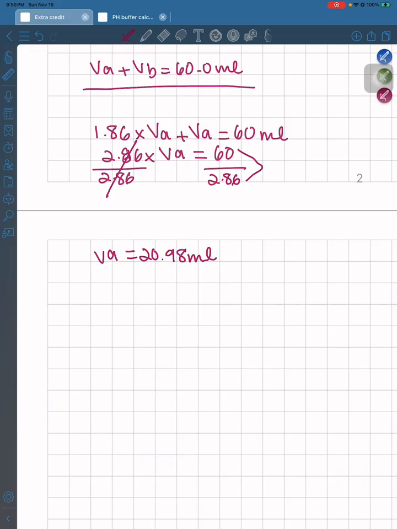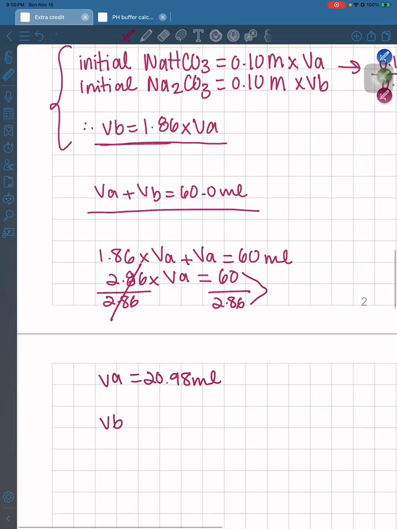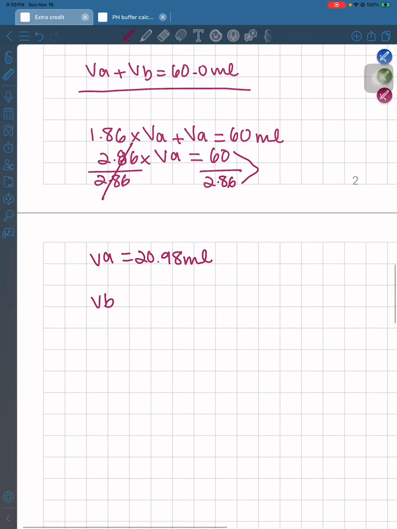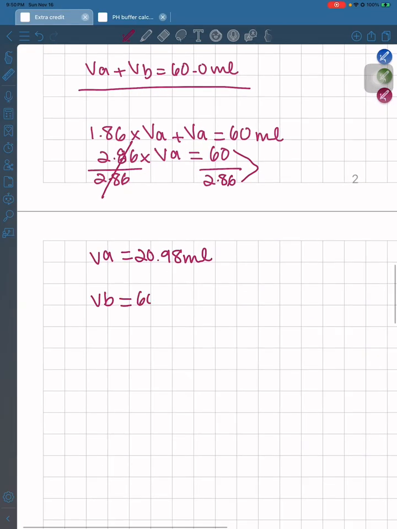And from here, we can just go back to our formula over here for our VB. That would be equal to 60.0 minus 20.98, which is equal to 39.02 milliliters.